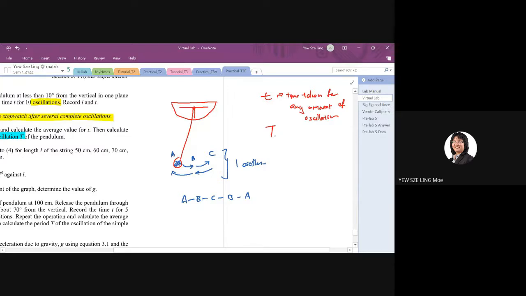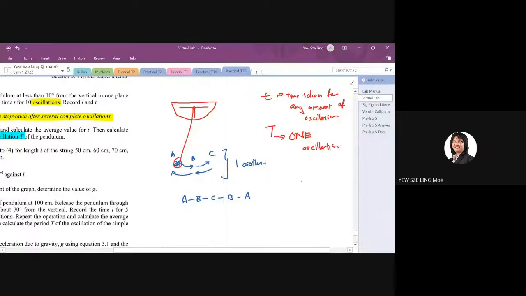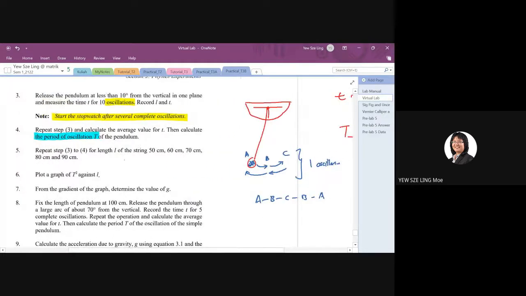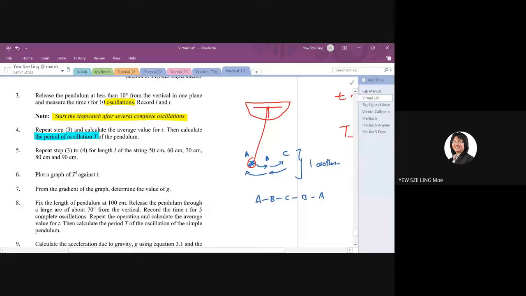And then you calculate the time taken for 1 oscillation. That is what we call the period. So from 10 oscillations, how are you going to calculate the time for 1 oscillation? I leave that to you. That is simple mathematics. Just remember, in step number 4, you need to calculate the period, the time taken for 1 oscillation, from the time that you recorded in step number 3.